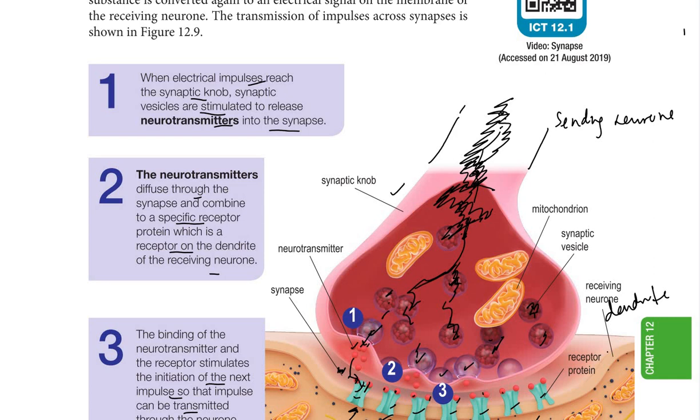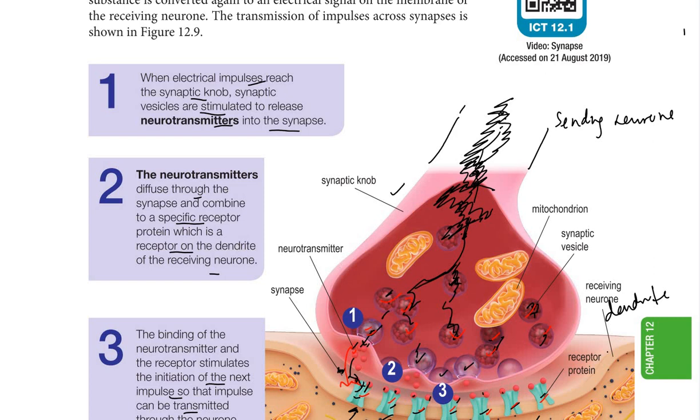Then the neurotransmitter diffuses across the synapse and combines with the receptor protein on the dendrite of the receiving neuron.